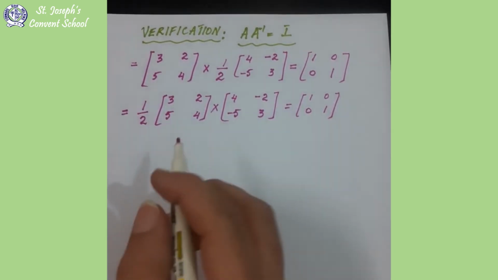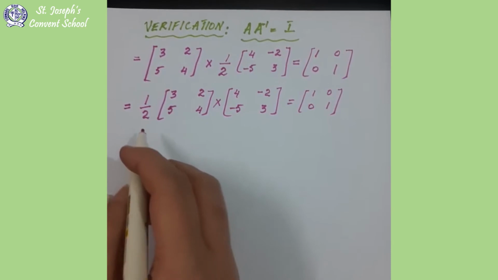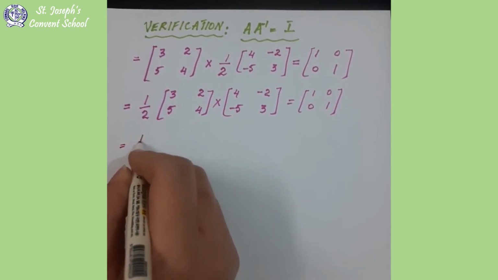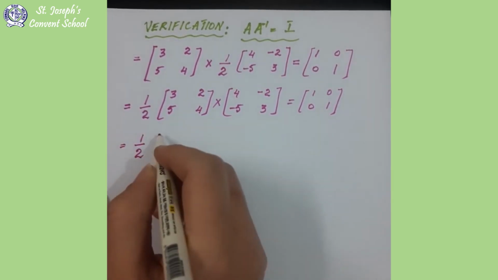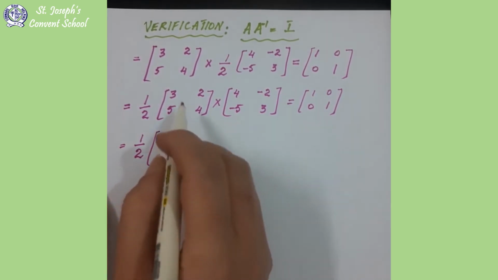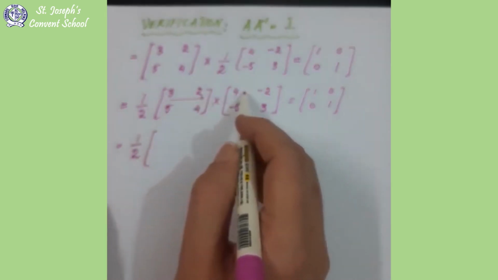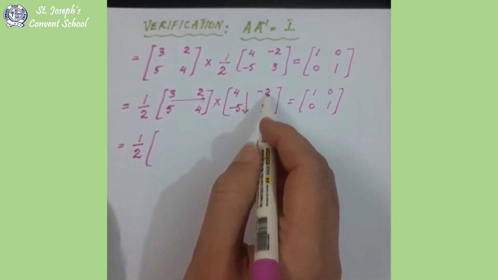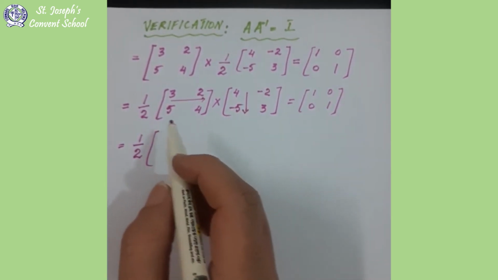We will multiply them. Multiplication, you know, is row into column. So 1 upon 2 as it is. We'll multiply row into column. This row into first column, then into second column.